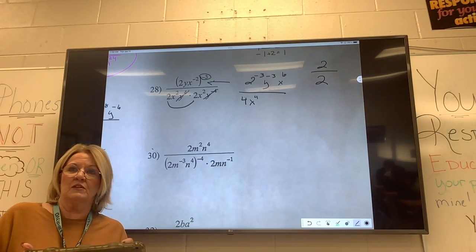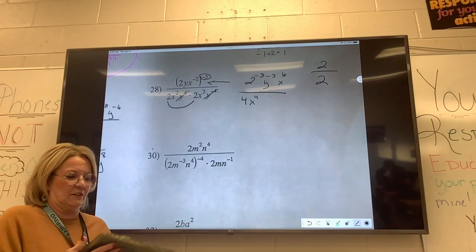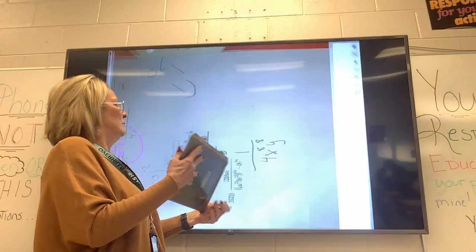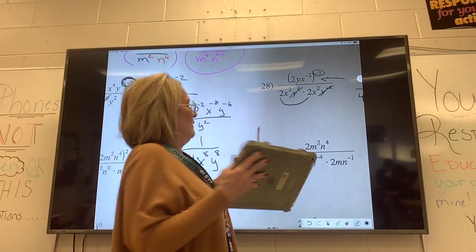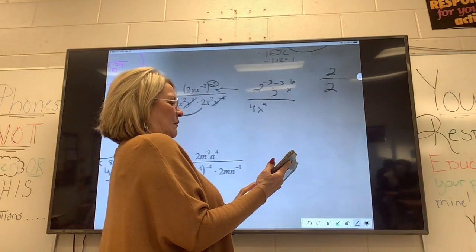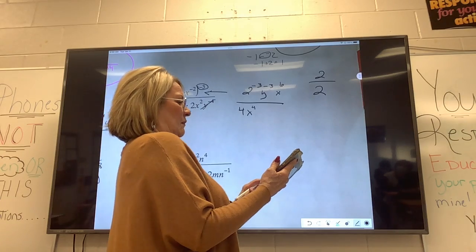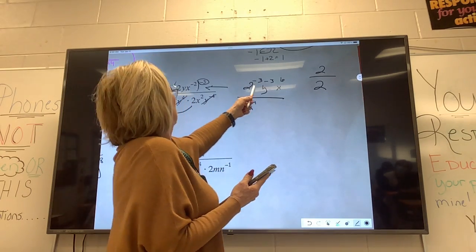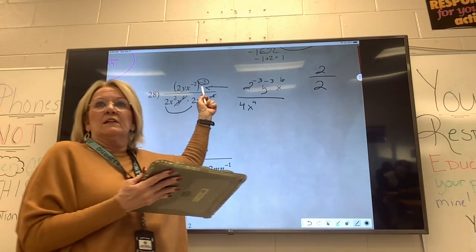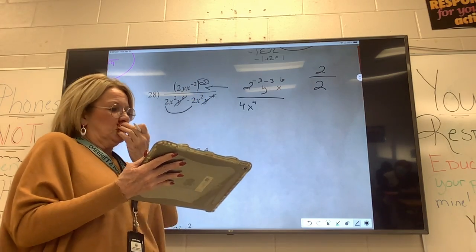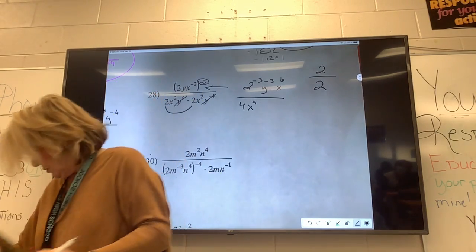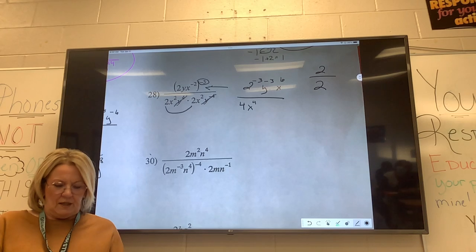This is not 2 over 2 until you clean it up, because as you see, it's 2 to the negative 3 because of this negative 3. So I can't do that yet. Got to do one step at a time.